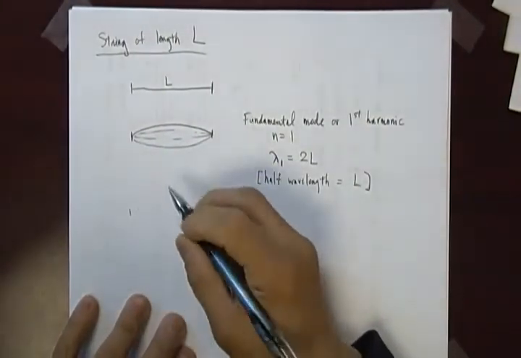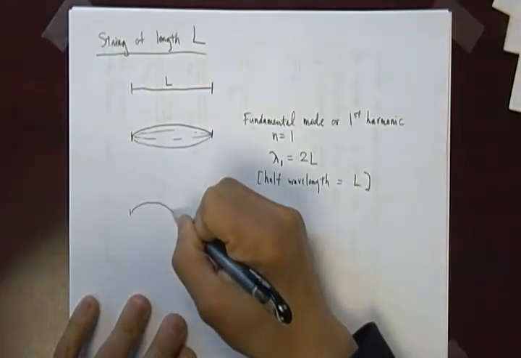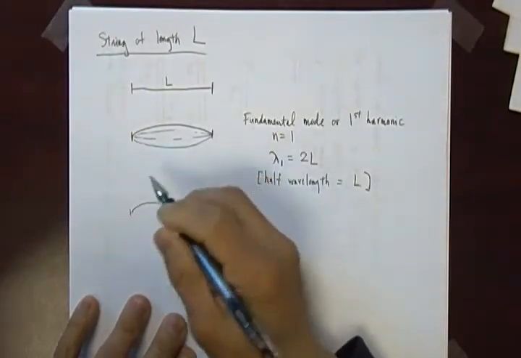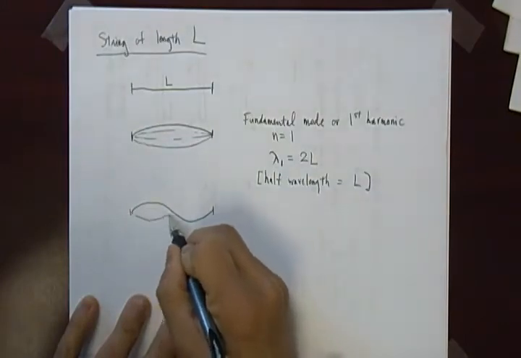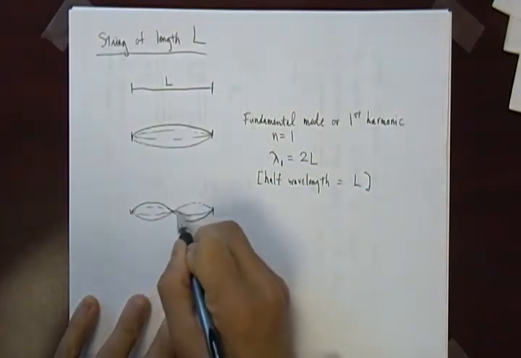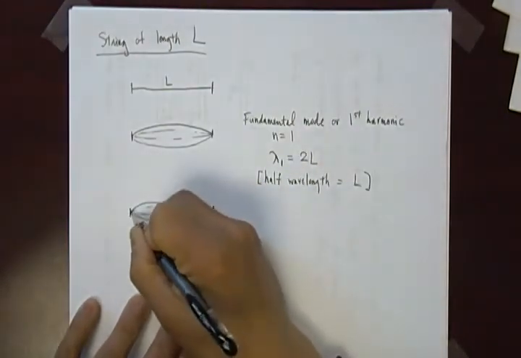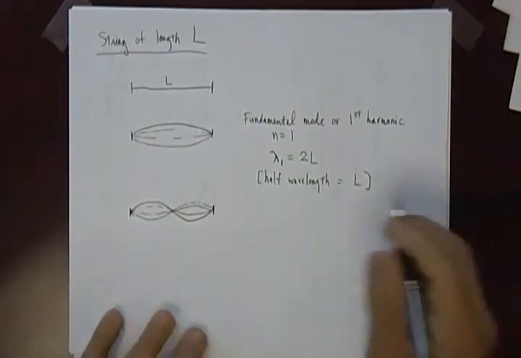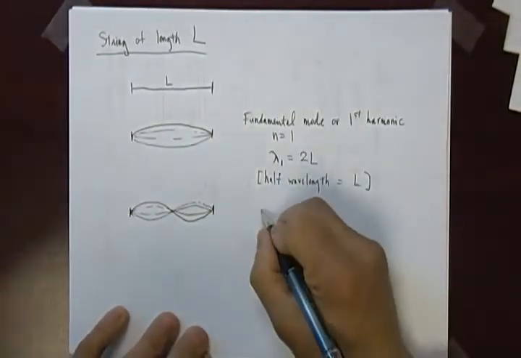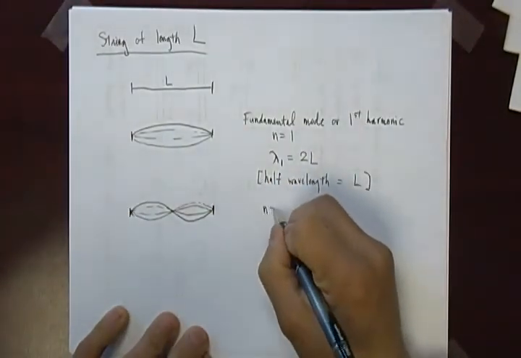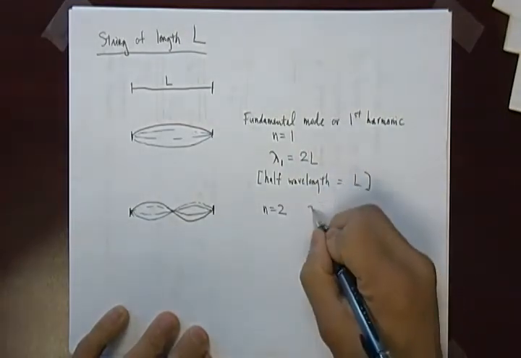Now, how about the next mode, the next simplest mode I can get? Well, I can have two of these things, like that. And this is the envelope that we'll get, vibrating like that. Okay, this length still remains L, but you see now this has a smaller wavelength. So this is what's called the n equals 2 mode, or the second harmonic.